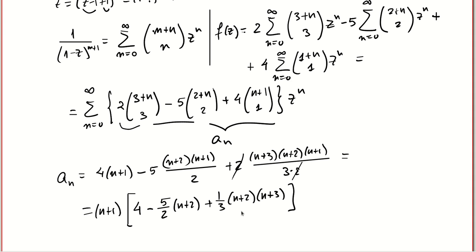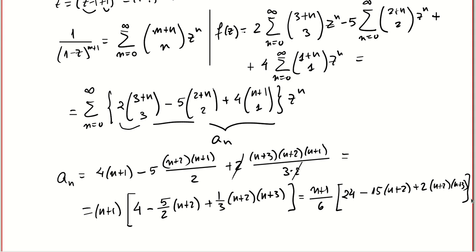And just to remove the denominators, we're going to multiply everything by 6 and divide by 6 here. So it's (n plus 1) over 6. And we multiply this by 6, we get the 24 here, minus 15(n plus 2), plus 2(n plus 2)(n plus 3). All right?